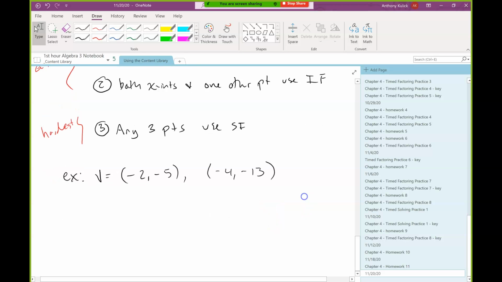So let's say that we're given a situation where we know the vertex is the point -2, -5, and we're given the other point -4, -13. And we want to write the equation for a quadratic function that passes through these 2 points. Since we're given the vertex, we want to use vertex form.